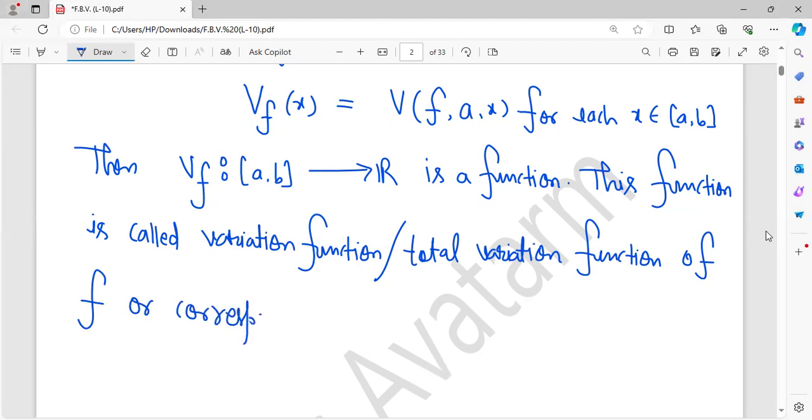There are two names. So given a function of bounded variation, we can define the variation function corresponding to f.